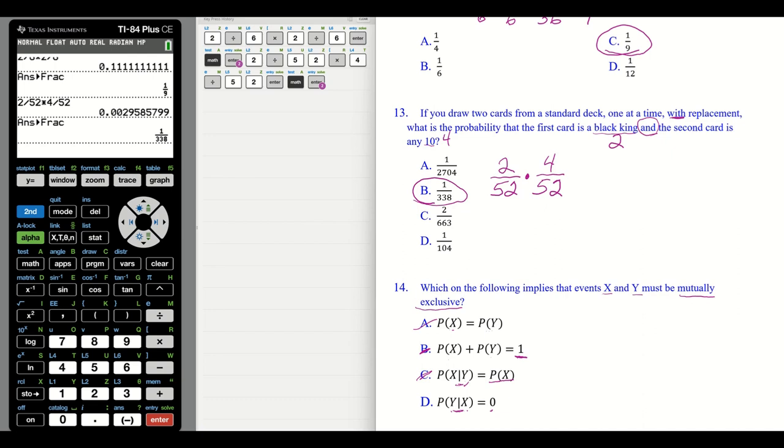Like above on number 13, let's look at number 13. Getting a black king in no way has anything to do with the number 10 being drawn. And this is why we have the word and too, and we multiply them together, and that's all we need to do.